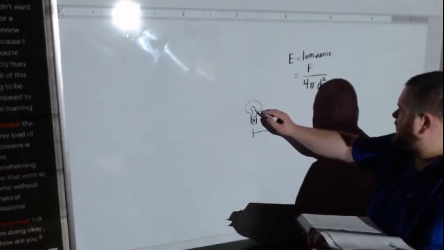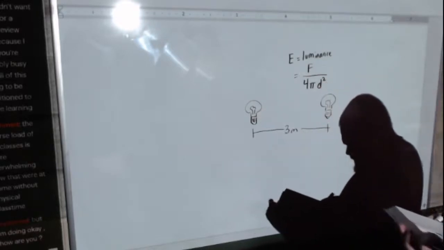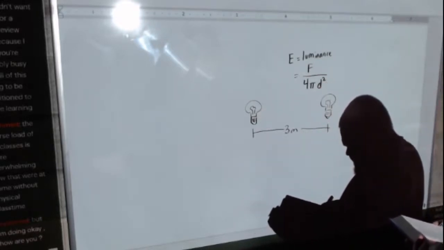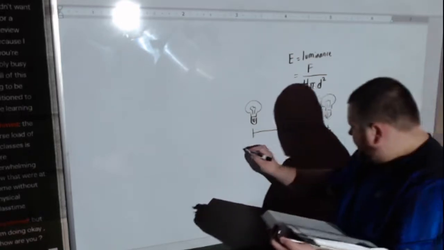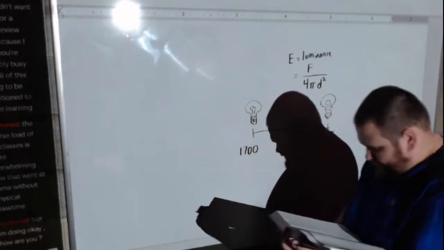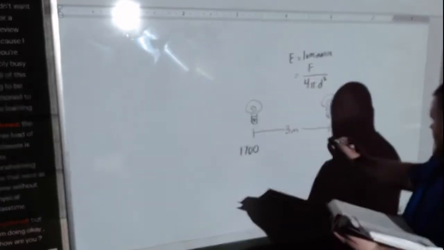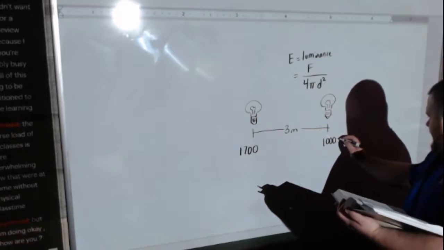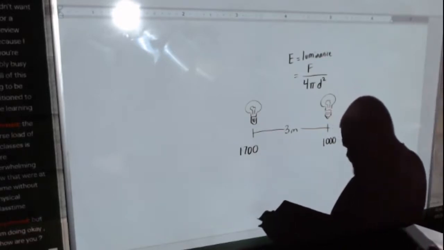Okay, there's our light bulbs. They're 3 meters apart, with respective light intensities of 1700 lumens and 1000 lumens.